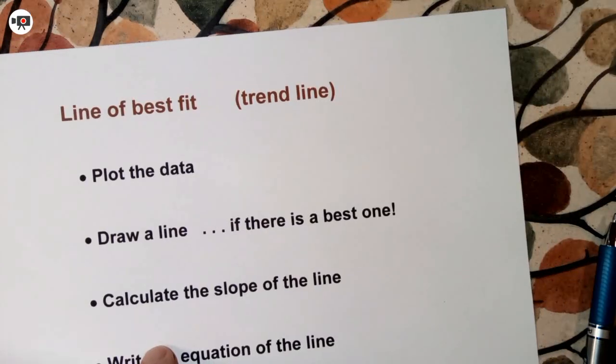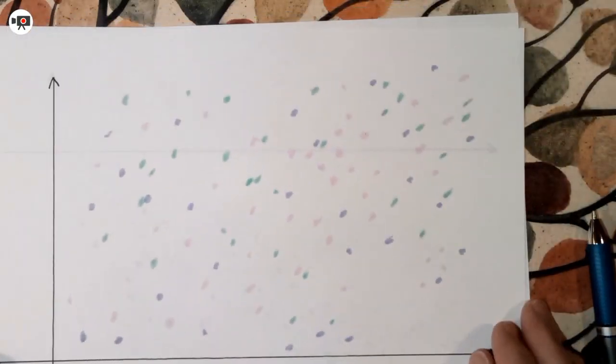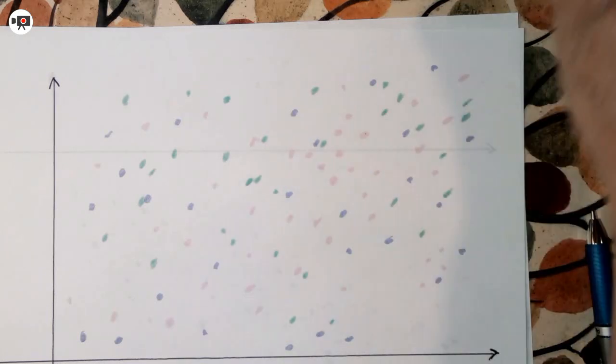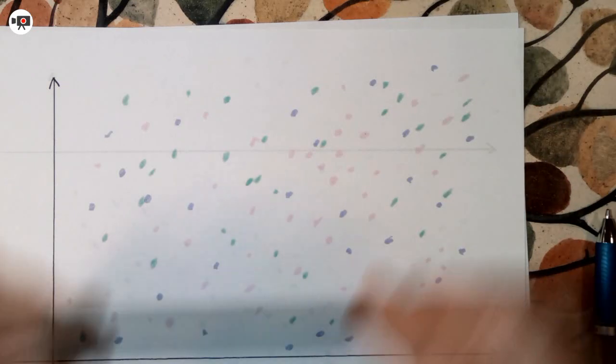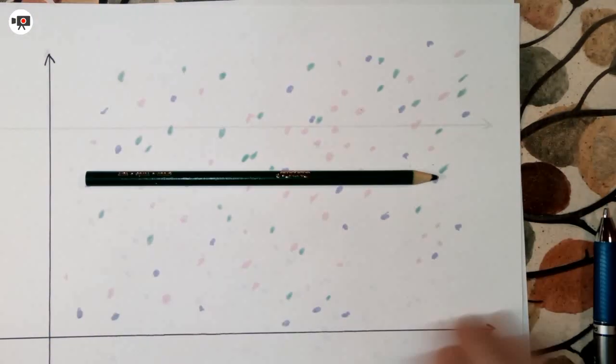Then let's look at one that does not show a trend. Look at this. Okay, draw the line of best fit. Where's the line of best fit? Well, half above, half below, it's kind of all there. Maybe it's that.